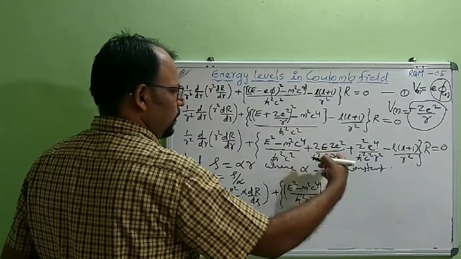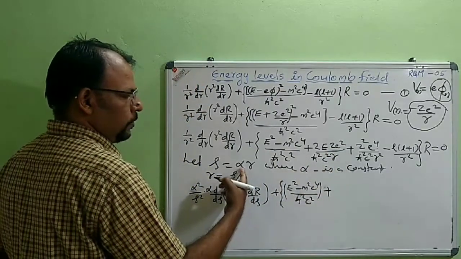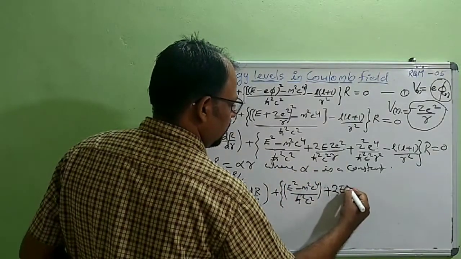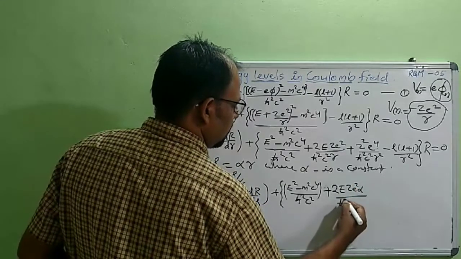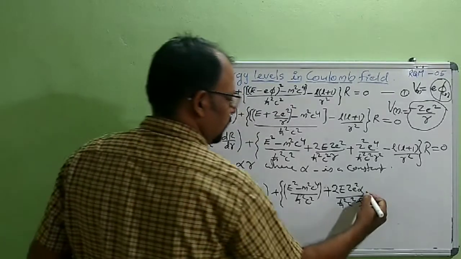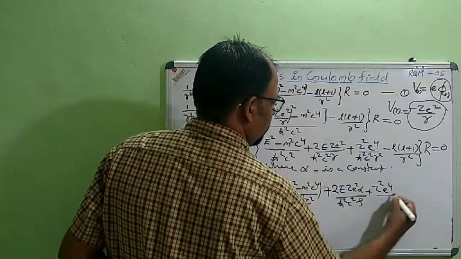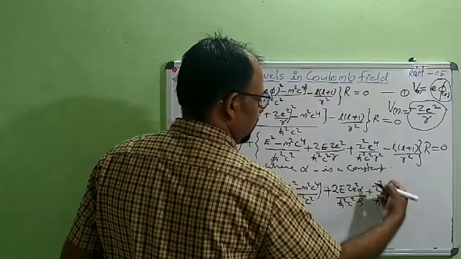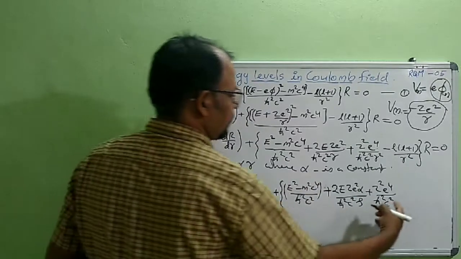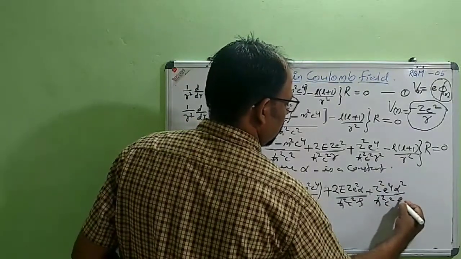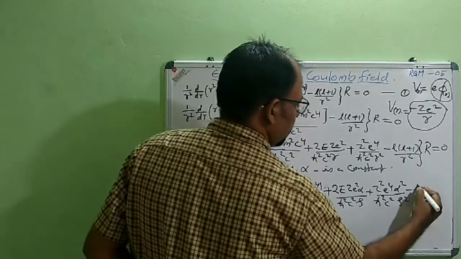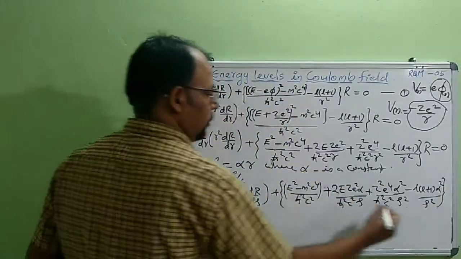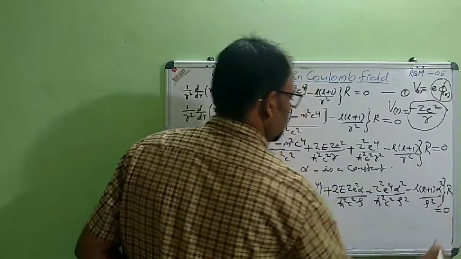In the second term, instead of r we substitute ρ/α, so we can write it as 2EZe²α/(ħ²c²ρ) plus Z²e⁴/(ħ²c²). R² we put as ρ²/α², so it will be α²/ρ², minus l(l+1)α²/ρ², into R equal to 0.